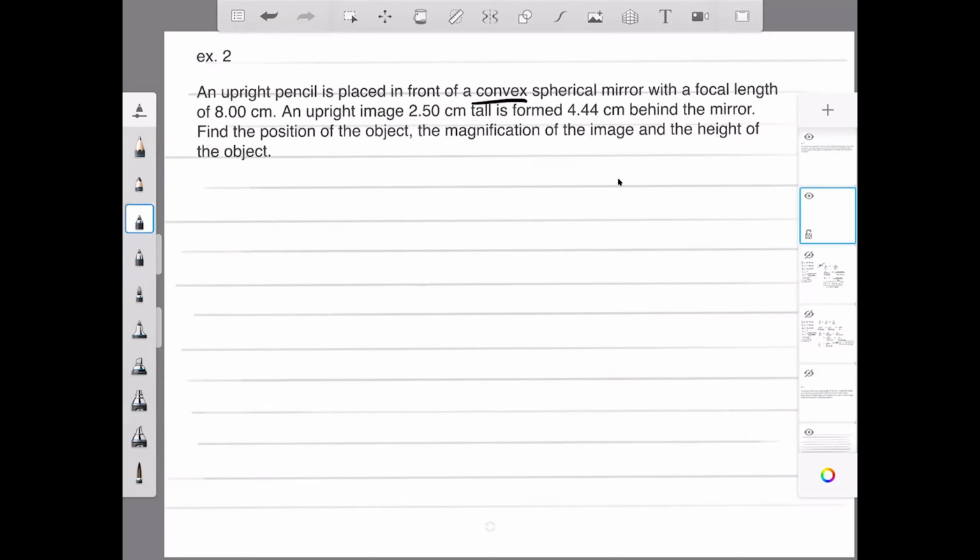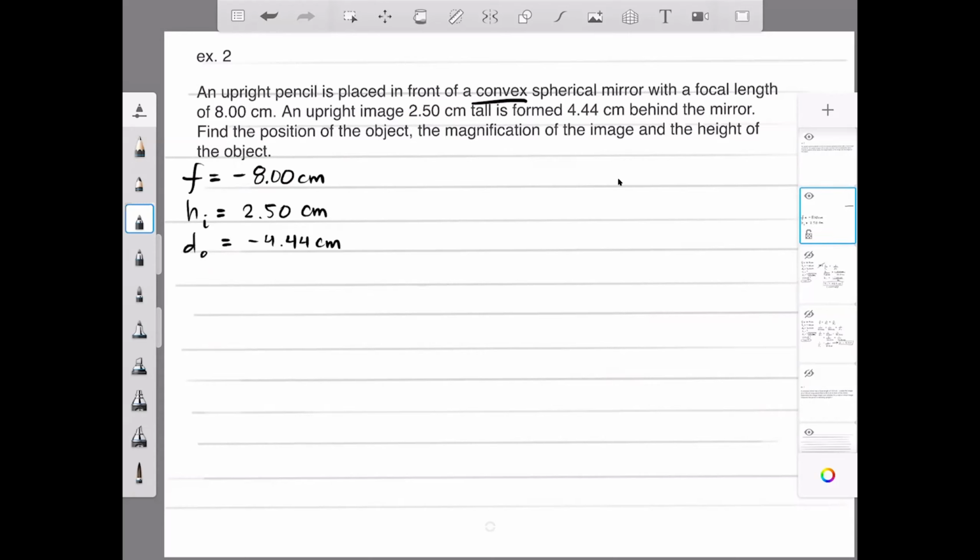Now remember, we have a convex mirror, which means that our focal length has to be negative. So our F is negative 8 centimeters. Now it says here the image is 2.50 centimeters tall and is going to be formed 4.44 centimeters behind the mirror.